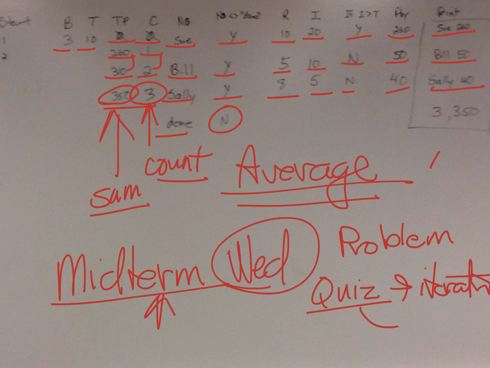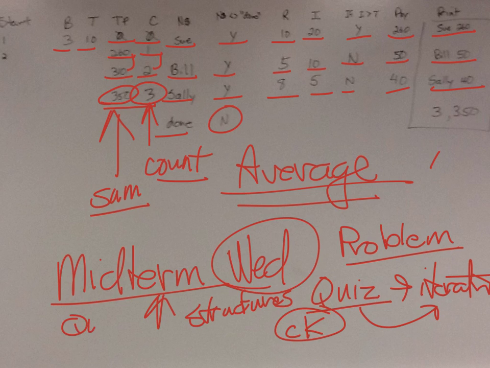We'll take the quiz on iteration and then we'll check it right in class. And then we'll have the midterm, but the midterm won't have the problem on it. It'll be based on the structures and the information we covered on any of the quizzes. So that'd be a good place to review, the quizzes that we took.